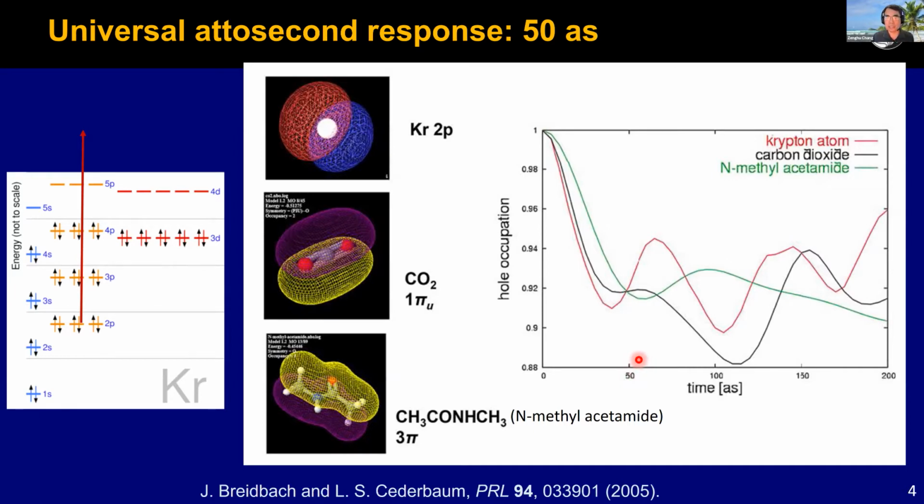And this is probably the fastest time scale we need to pay attention to when we study chemical reactions, like photovoltaic materials, and anything that involves molecules, for example. And apparently to resolve this kind of fast process, we would need pulses shorter than 50 attoseconds.